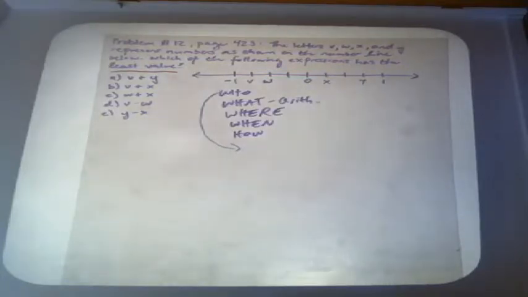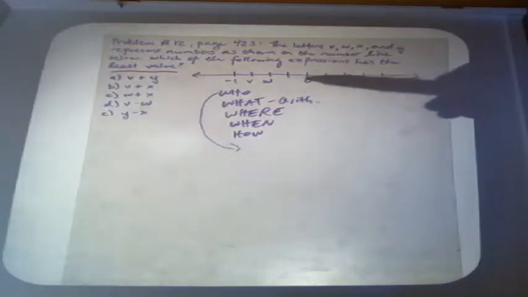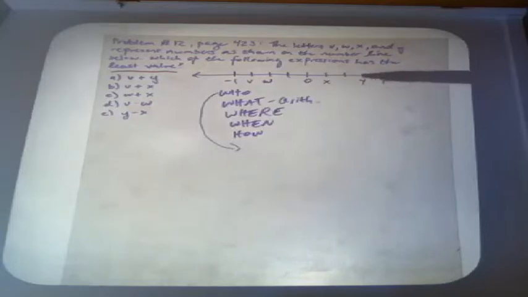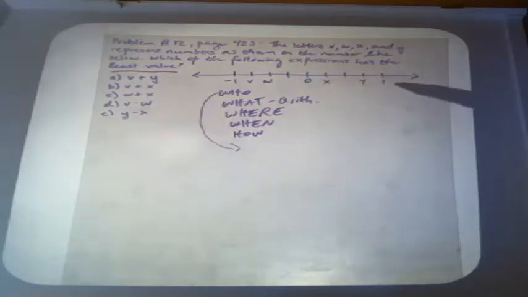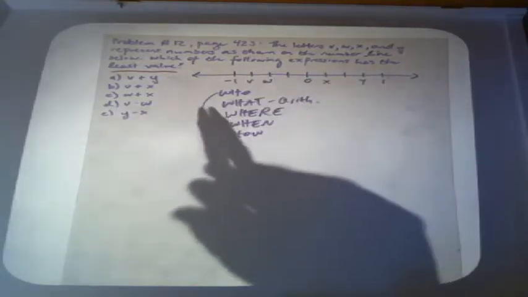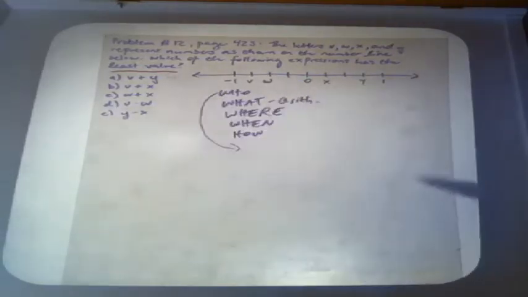Alright, so I'm going to try to assign values for X, Y, W, and V. If you notice on our number line, they give us the points 0, 1, and -1, and then these tick marks, which look equally spaced. If we count them up, there are 3 tick marks between 0 and 1, and 3 tick marks between 0 and -1.